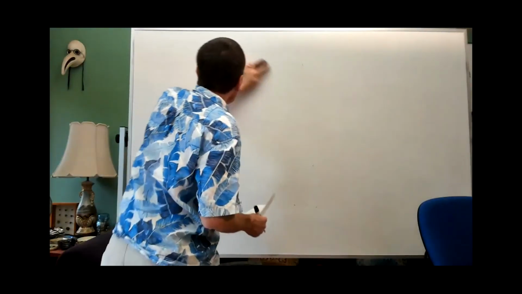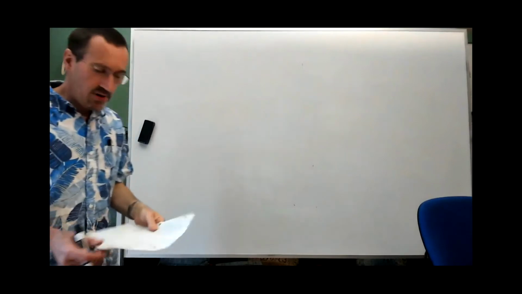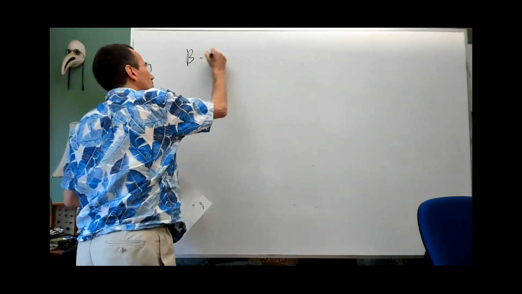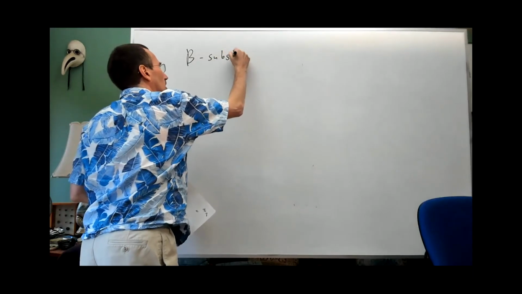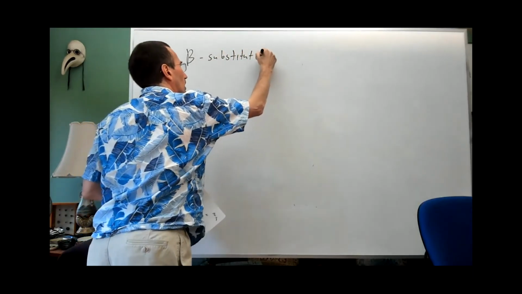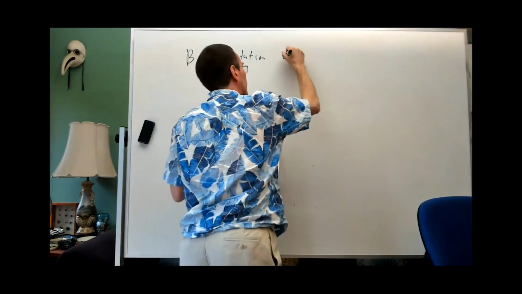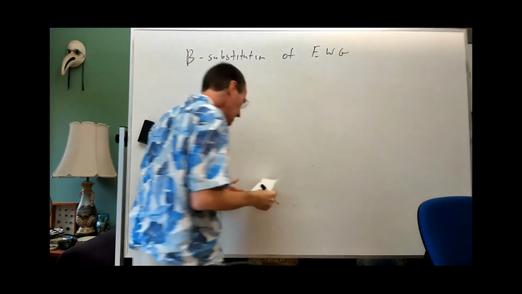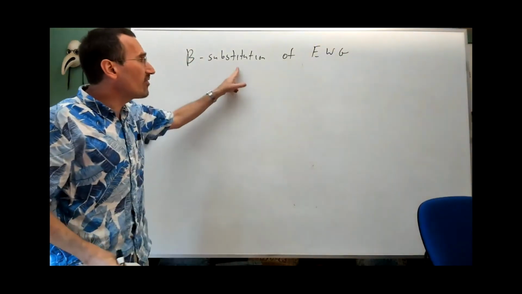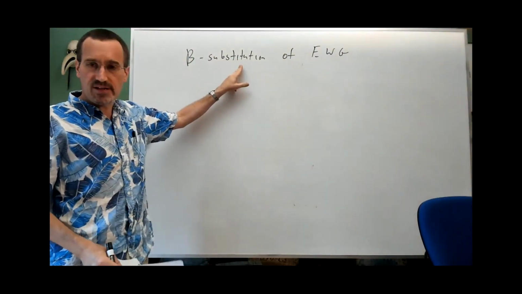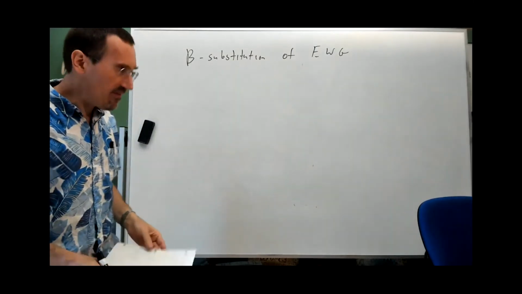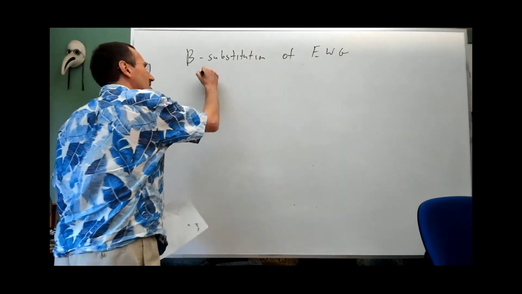All right. In adding to our calibration, I want us to pay attention to beta substitution of electron withdrawing groups. And the reason is that it's enough to make a difference. Basically, you've got the inductive effect pulling electron density away.